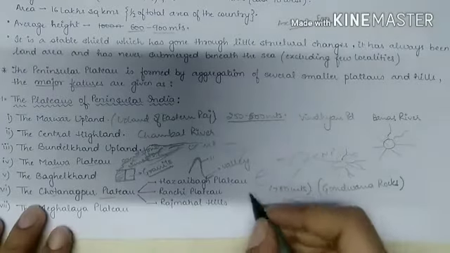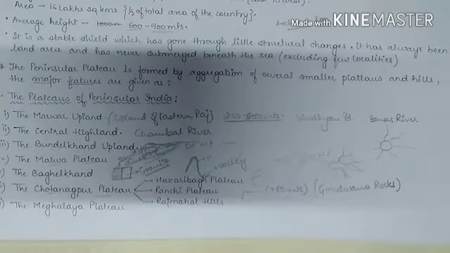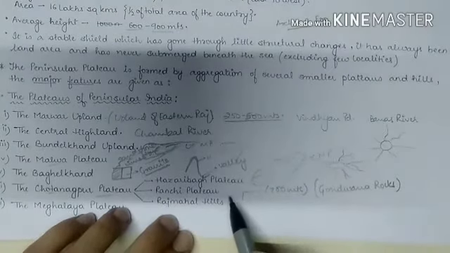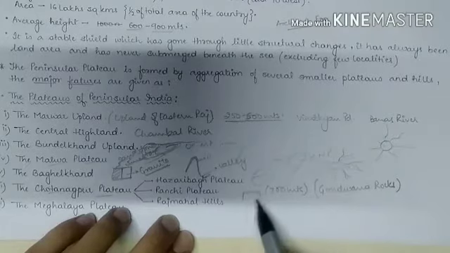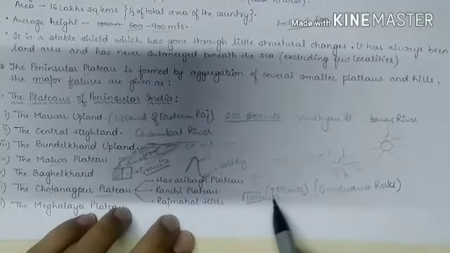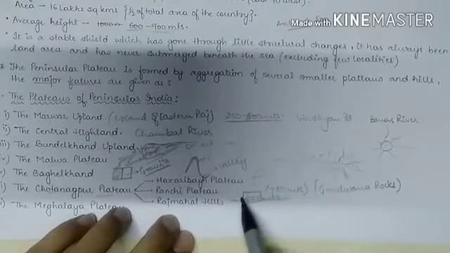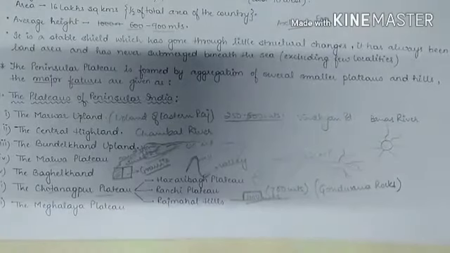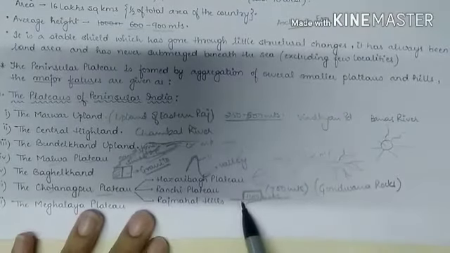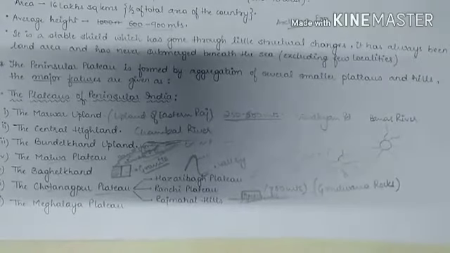Mesas we know, mesa and butte. So we have highlands of about 1100 meters present here. So the height elevates up to 1100 meters in these patches of high mesas.